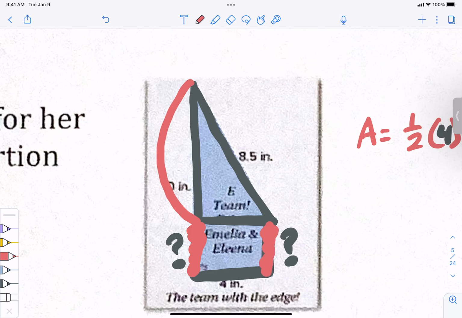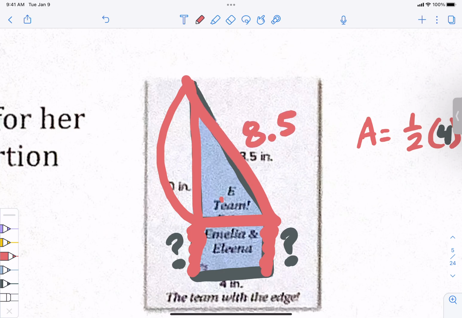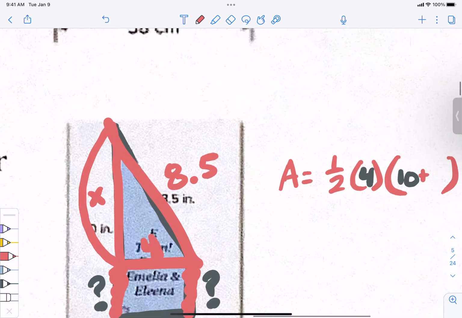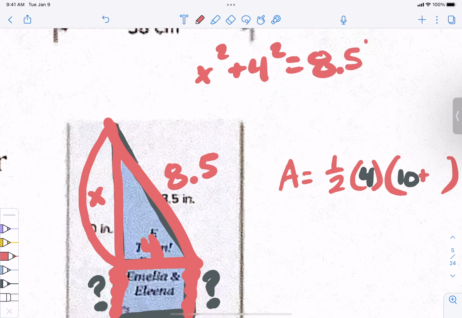Are we lost yet? We can use the Pythagorean theorem for this triangle. This is 8.5. The bottom side is 4. We'll call this side x. So x squared plus 4 squared equals 8.5 squared. 4 squared is 16, and 8.5 squared is 72.25.